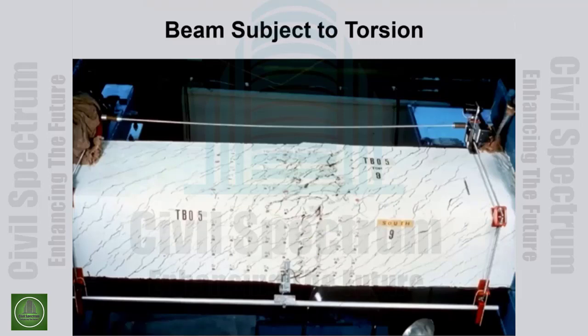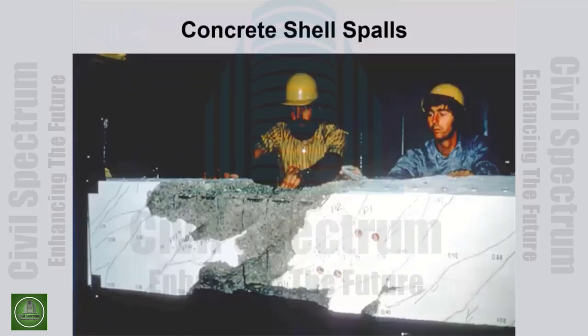Those are compression members. Now, if you keep on increasing the torque, initially the corners of the cover will begin to spall. You know, the concrete is under compression.